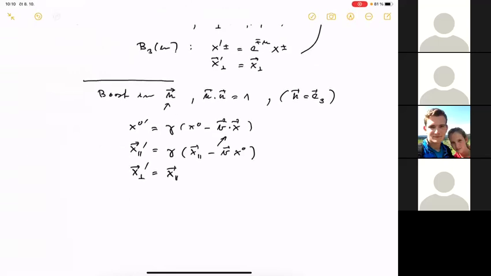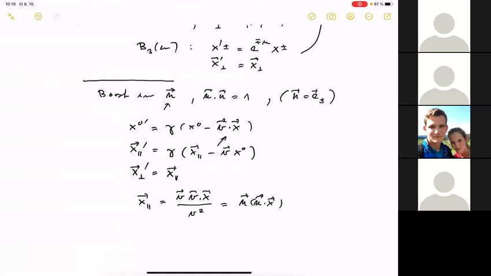We can obtain this x parallel as the projection of the vector x on the direction of v, so we can write it as v times v dot x over v squared. And in terms of this unit vector, which tells us along which axis or along which direction we do the boost, it can be rewritten as n times n dot x.